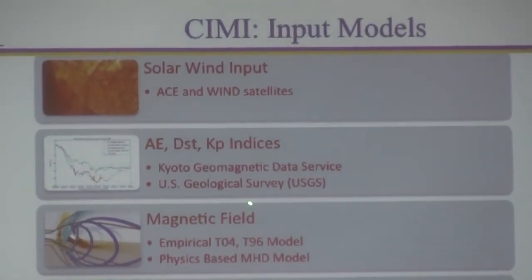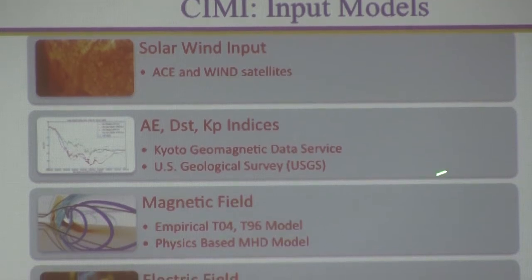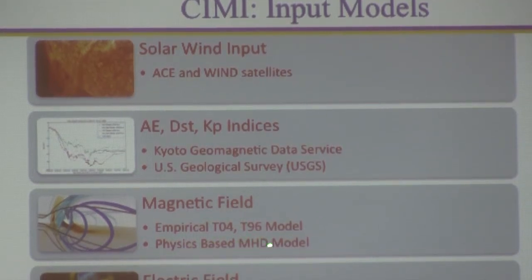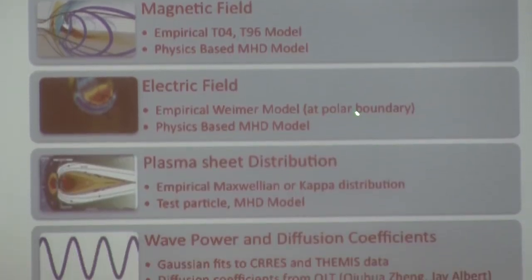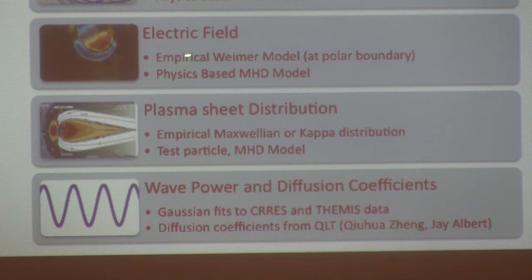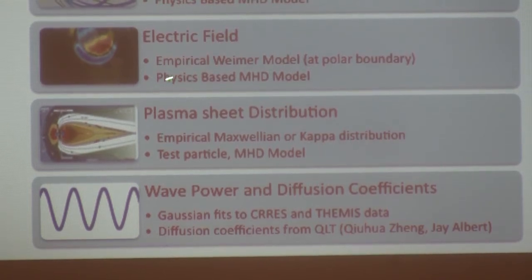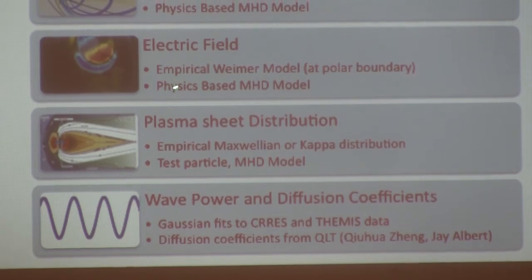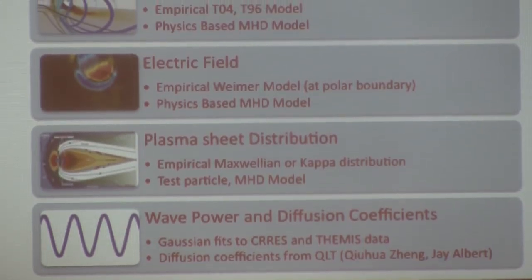For the magnetic field, we use both the empirical model of Tsyganenko and also a physics-based MHD model. For the electric field, we use the Weimer model to give us the potential at the polar boundary, but if semi-coupled with MHD, we don't solve the ionospheric potential. The MHD model will take care of that.